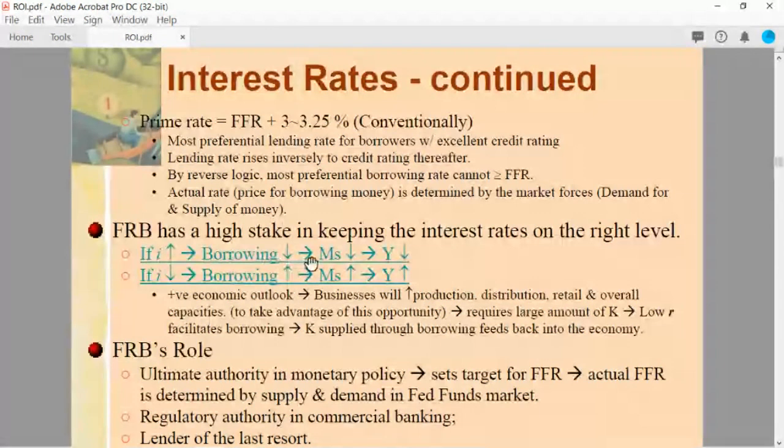But think about it. During the recession, not only because the interest rate is high, they don't borrow, they don't expand because the economic outlook is not positive. During the recession, a lot of people lost jobs, spending goes down.